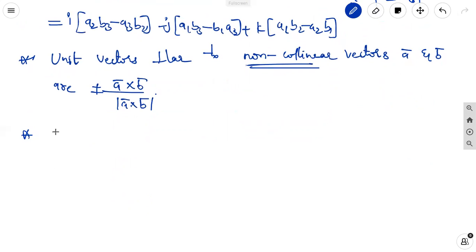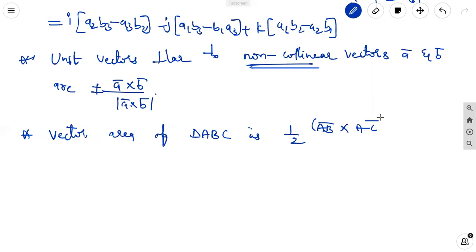Next, the vector area of triangle ABC is half of AB vector cross AC vector. It is equal to half of BC vector cross BA vector, and equal to half of CA vector cross CB vector.